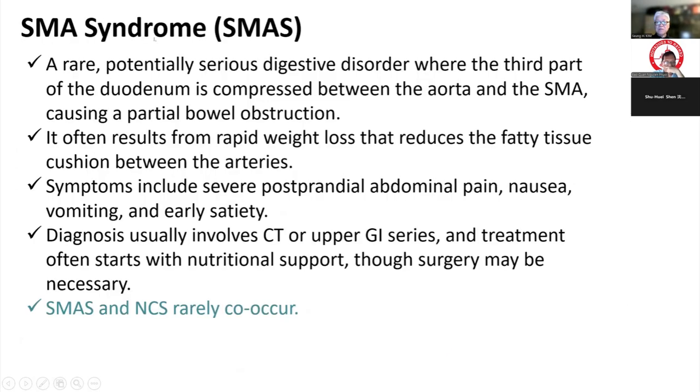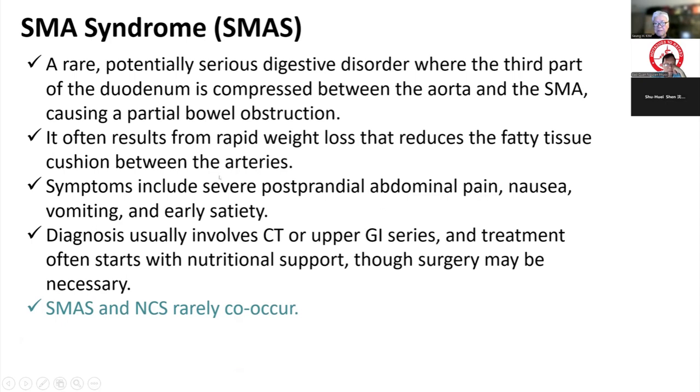I just said the superior mesenteric artery syndrome is a compression of the third portion of the duodenum between the aorta and the superior mesenteric artery, causing a distension of the stomach and the proximal duodenum, and causing severe postprandial abdominal pain, nausea, and vomiting.